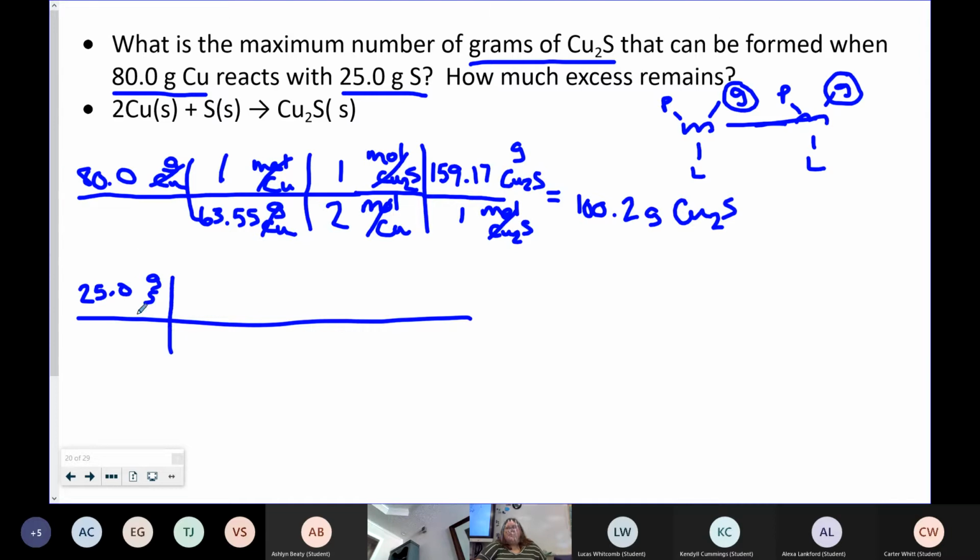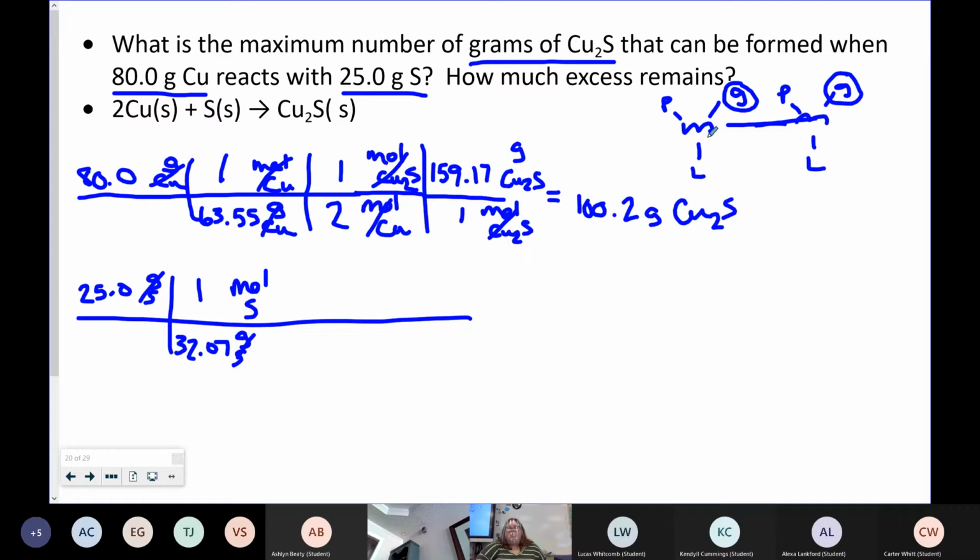We don't need grams of sulfur anymore, so that has to go down to the bottom to change into moles of sulfur. So grams per mole is out of 1 mole, and the molar mass of sulfur is that 32.07. So that cancels out grams. Now we have moles of sulfur.